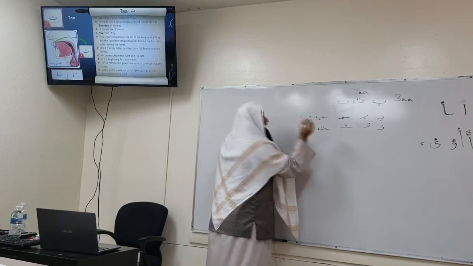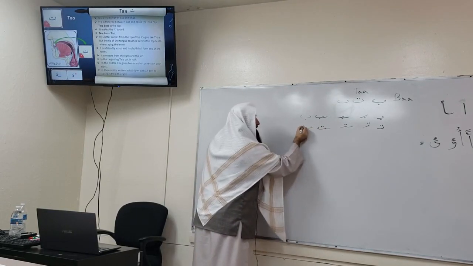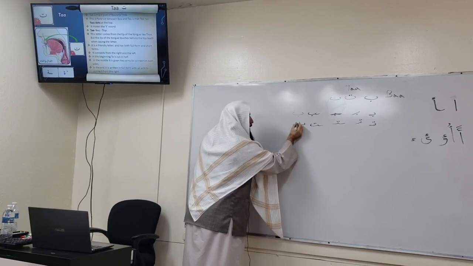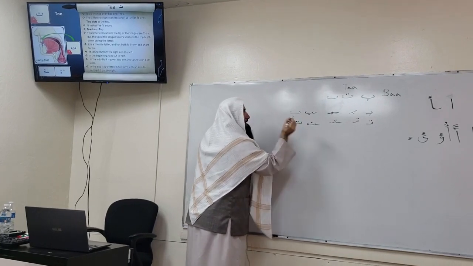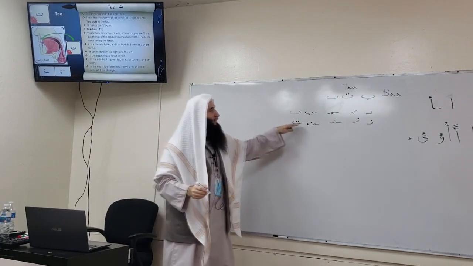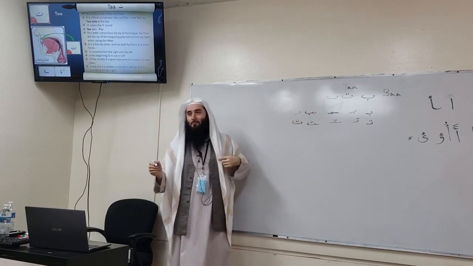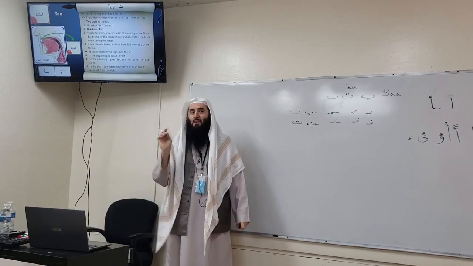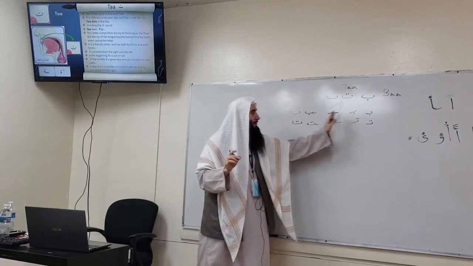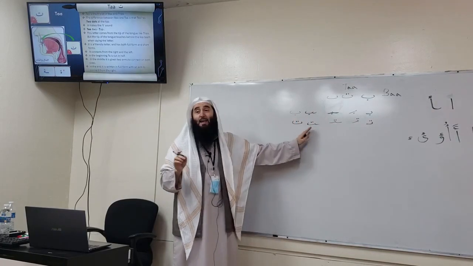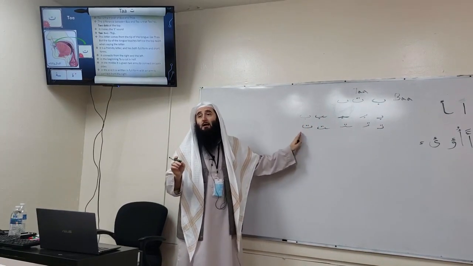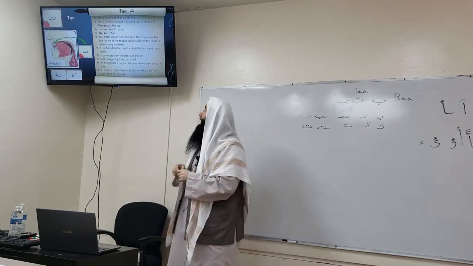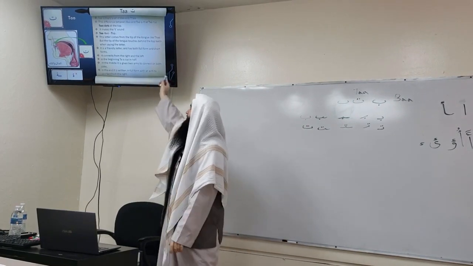Also 2 dots here, and by itself also 2 dots. You see the shape? Identical. Ta in the beginning, ta in the middle, ta in the end. Connected, and by itself. Yes, it connects from the right and the left.